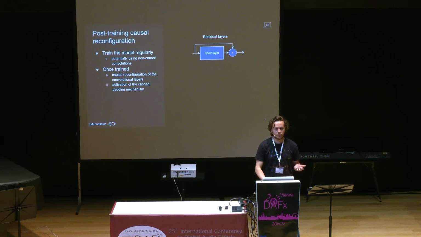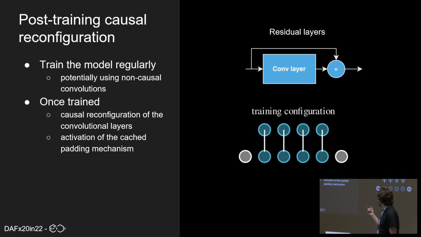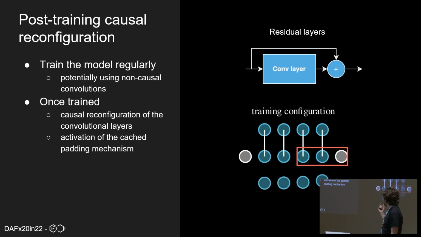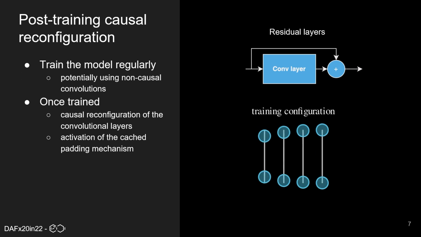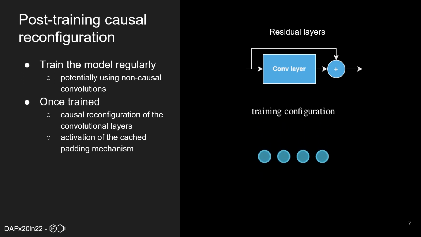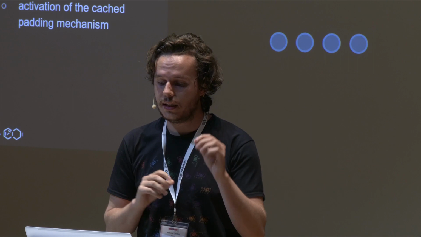When we look at what a residual layer is actually doing on an input sequence during training, it's taking the input sequence, copying it, then applying a convolutional operation onto that, and taking the output of this convolution and adding it with its input in order to produce the final output of the layer. That kind of layer is widely used, and the problem is that if we train the model using this very specific configuration, it's going to learn to associate very specific inputs with very specific outputs.